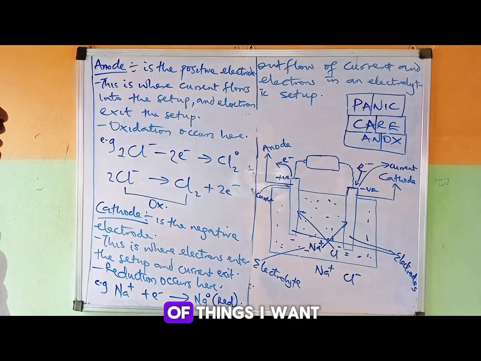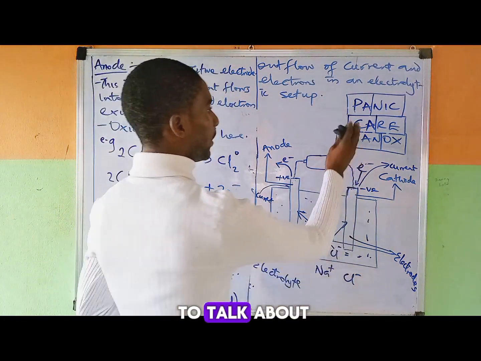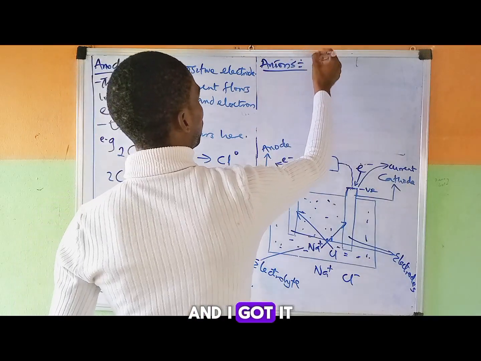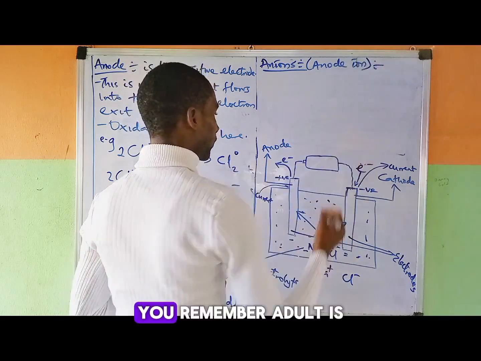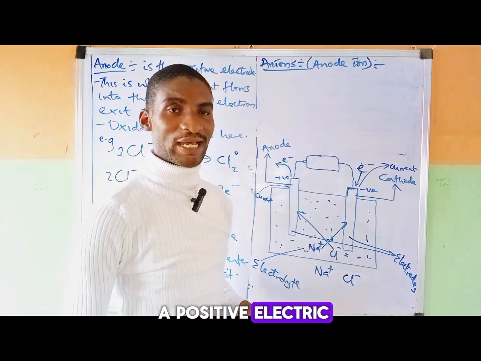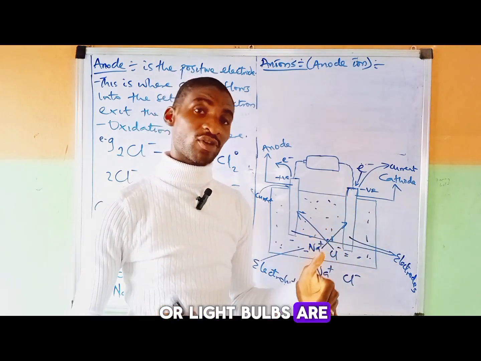Now the next set of terms I want to talk about: anions, gotten from the words anode ion. You remember the anode is a positive electrode, and unlike poles attract.